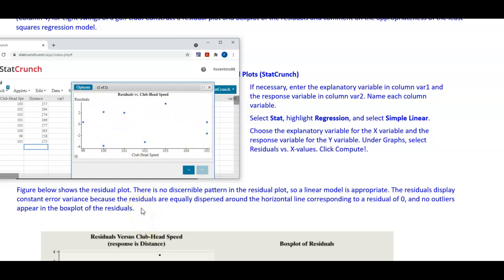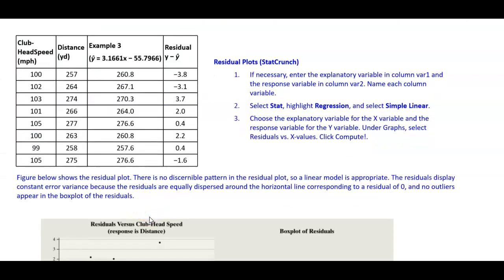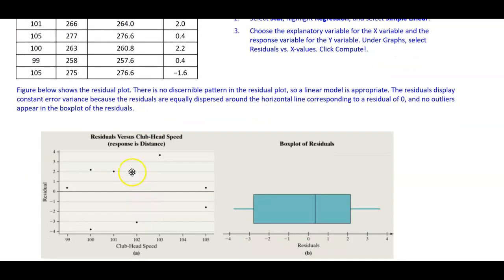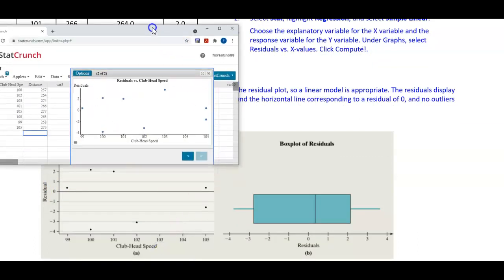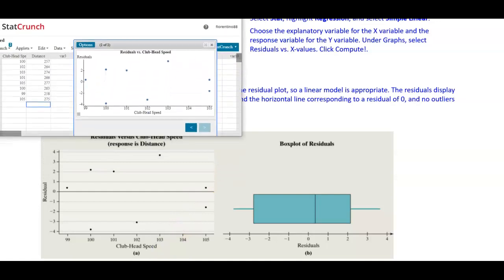So if we look down below, it says the figure below shows the residual plot, and then we have that number at 0 here. So when we take a look at that residual plot, there is the residual plot. And if we go through 0, then it's going to match that residual plot here.